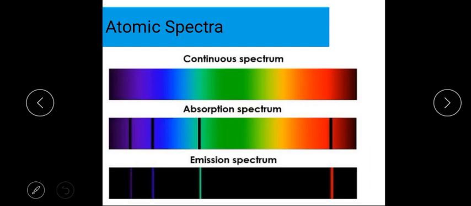To understand the concept of atomic structure clearly, it is important first to understand what is meant by the emission line spectrum and the absorption line spectrum.